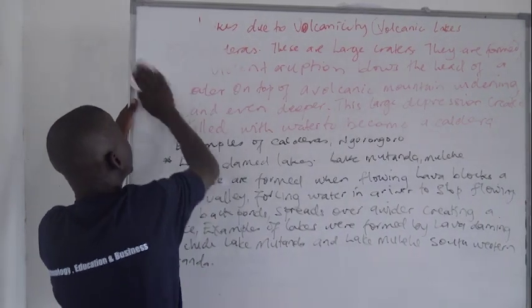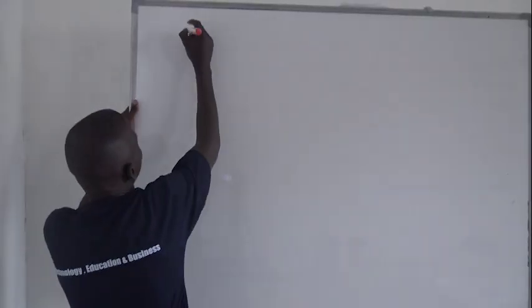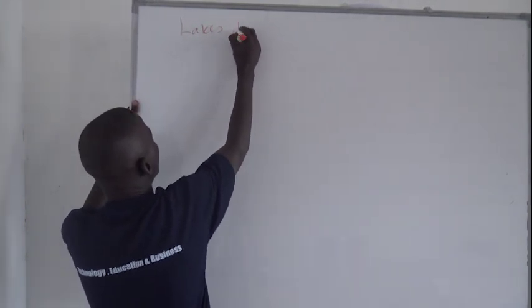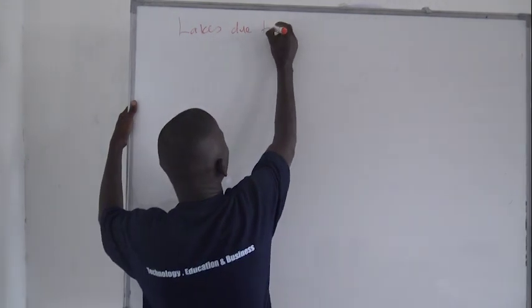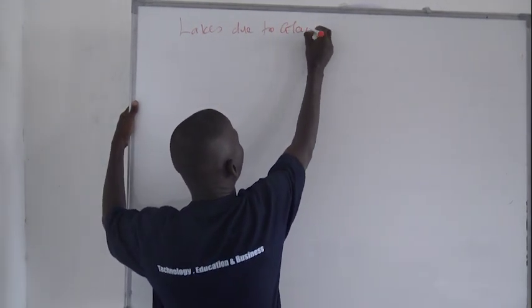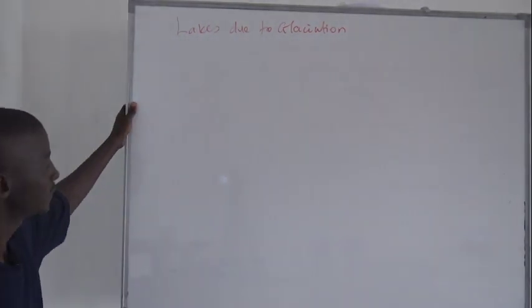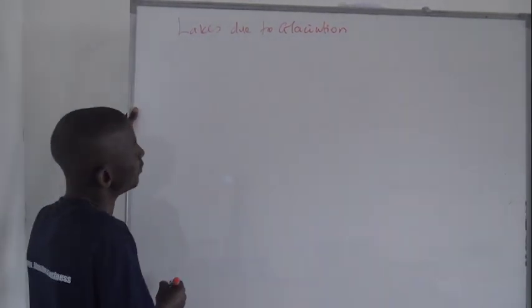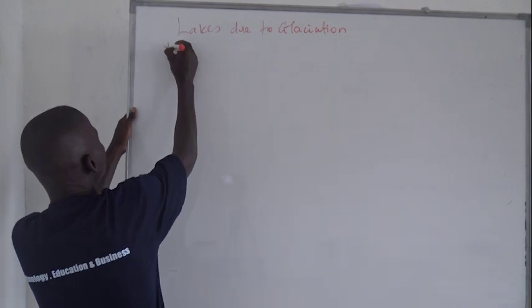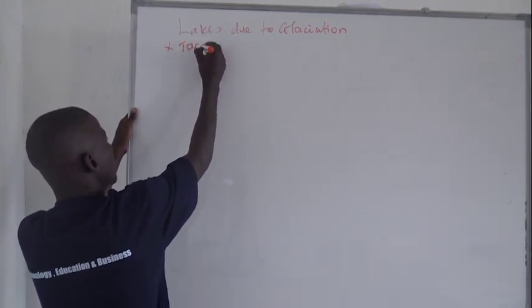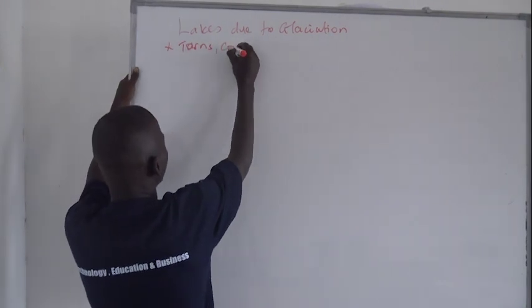Now let us look at the other type of lakes. Let's look at lakes due to glaciation, what we call glacial lakes. The best example of a glacial lake we are going to talk about are tarns or corries.